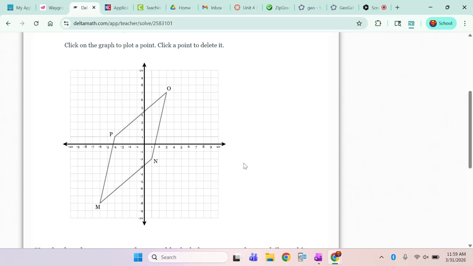There are two ways you can do this: using the distance formula, which I do not recommend, or the Pythagorean theorem. I'm assuming you're going to want to use the Pythagorean theorem because it's way easier. What is the Pythagorean theorem? A squared plus b squared is equal to c squared.